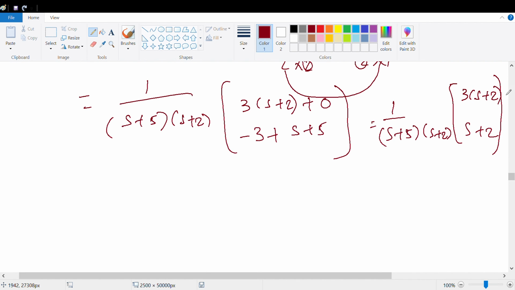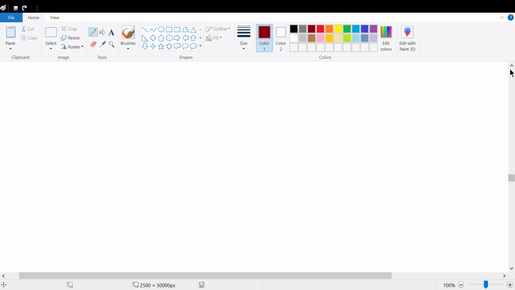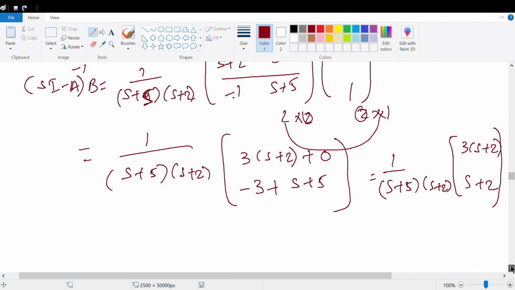Now we just need to multiply with C. And what is C? 1 0.